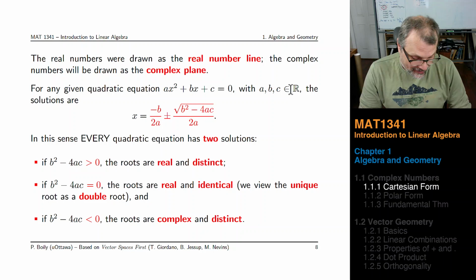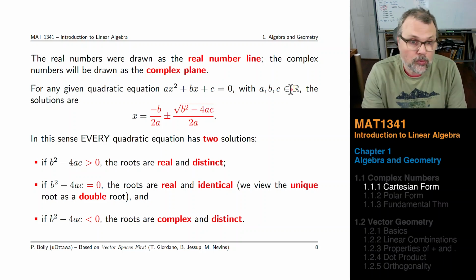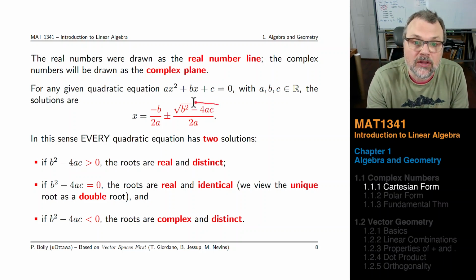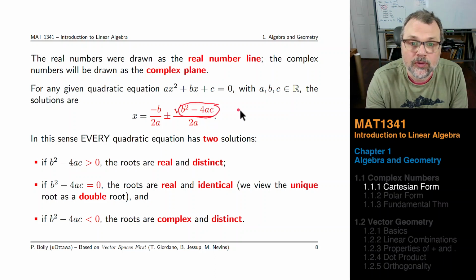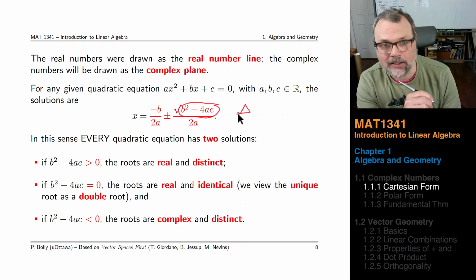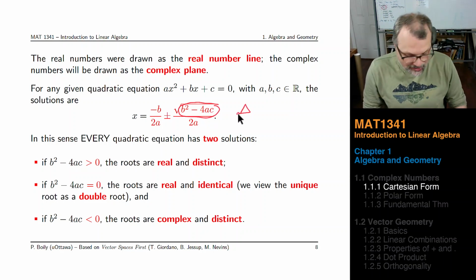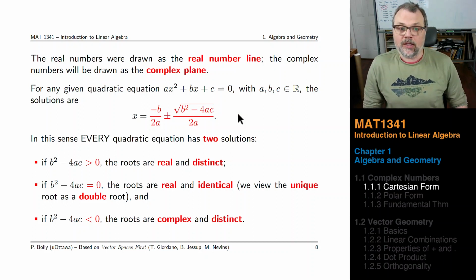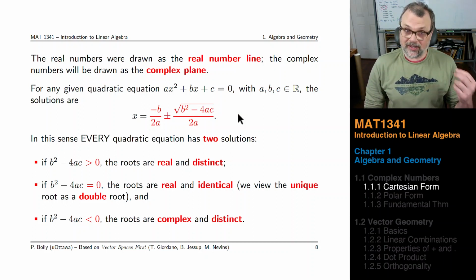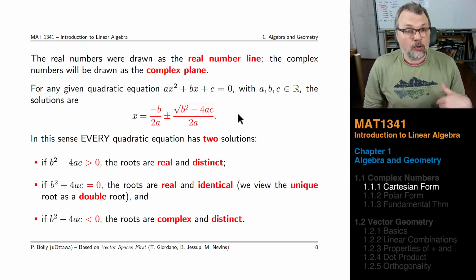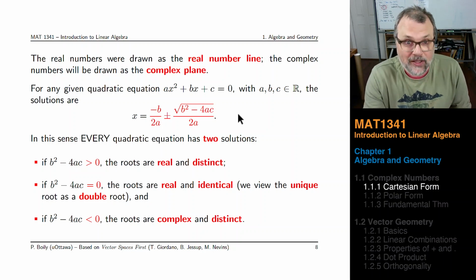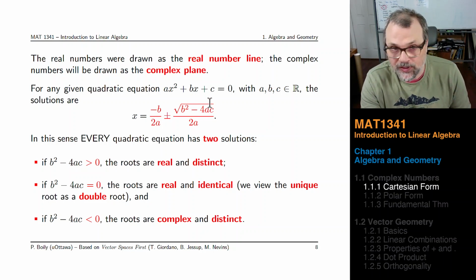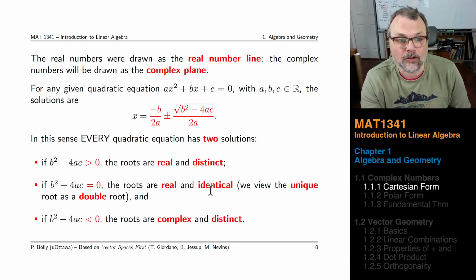The discriminant is the bit underneath the square root here, sometimes written as delta. If the discriminant is strictly positive, then the roots are real and they're distinct. If the discriminant is equal to 0, the roots are still real, right? Because you're taking the square root of 0, which we know is 0, but they are identical.